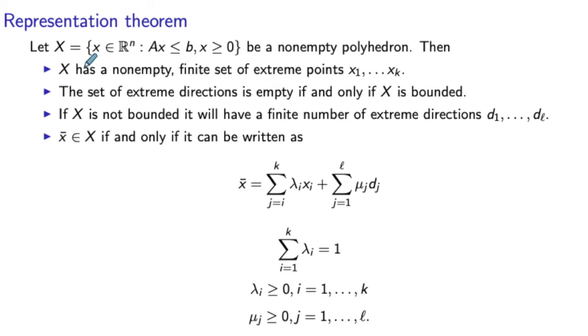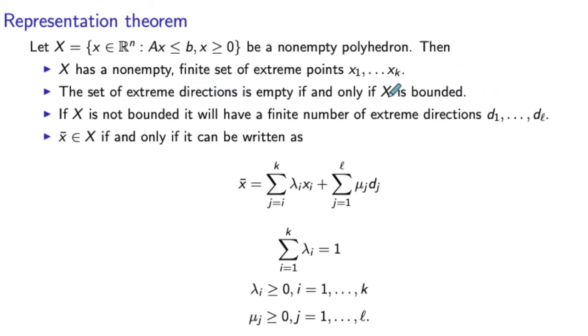The next statement we have here is that the set of extreme directions is empty if and only if X is bounded. Alright, so first, if we assume that X is bounded, then clearly there are no recession directions. And when there are no recession directions, there cannot be any extreme directions.